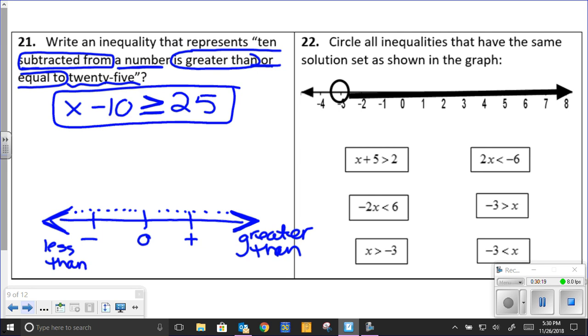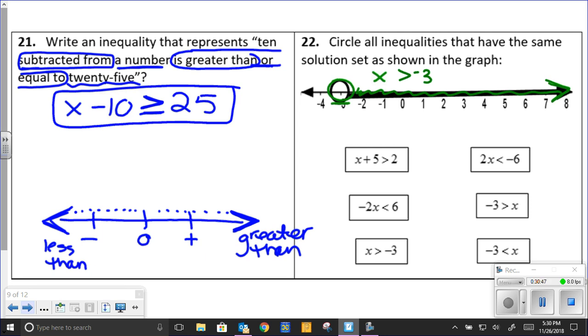I have -3, and my x values are everything going this way, so it's everything greater than. Is it equal to -3? It's not, because this is an open circle, so it's not filled in. It's only greater than -3. That means it's everything along here. So we're looking now to see which ones fit that.